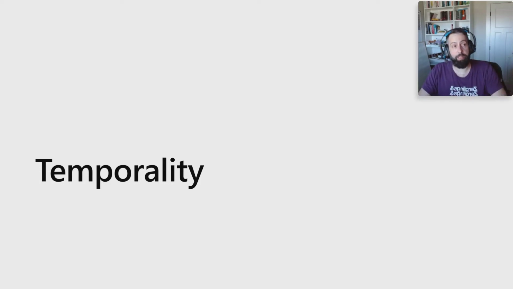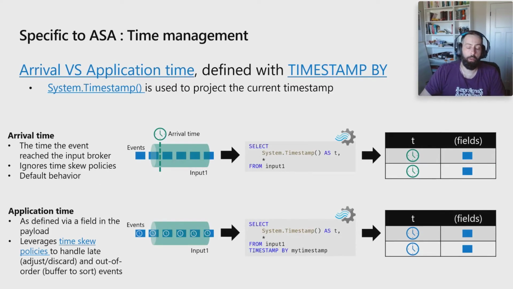Next aspect is temporality. I mentioned that for stream processing, there's always that notion of time. But actually we can define time. There are two ways of looking at streaming data in terms of time. One is the arrival time and the other one is the application time.